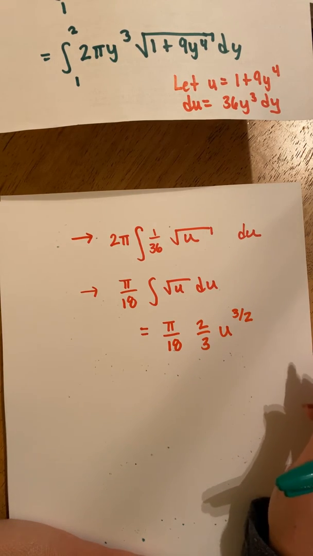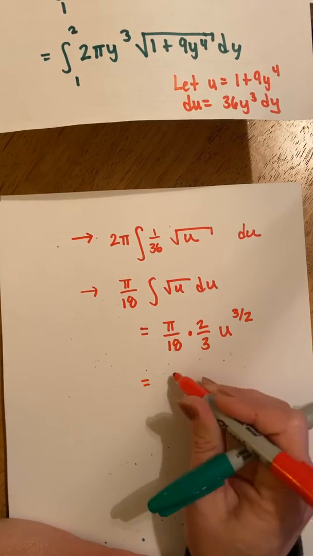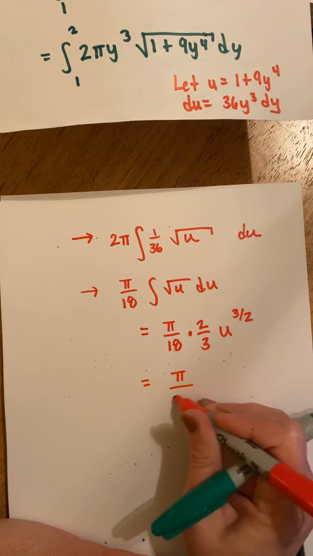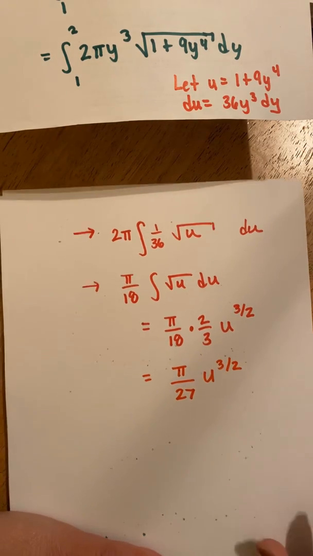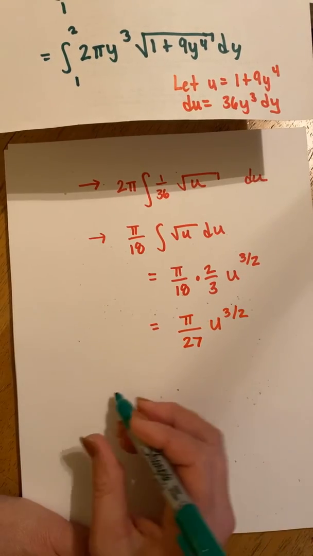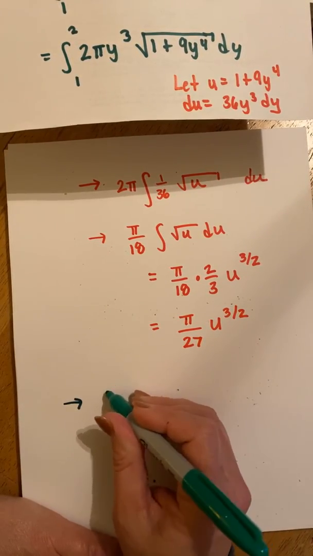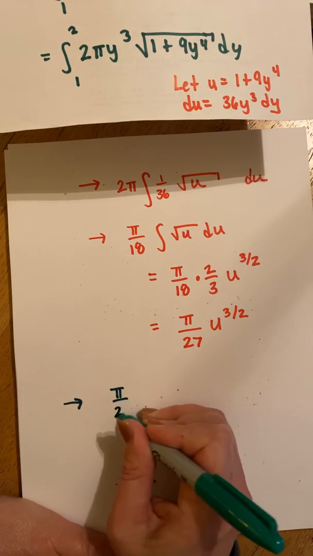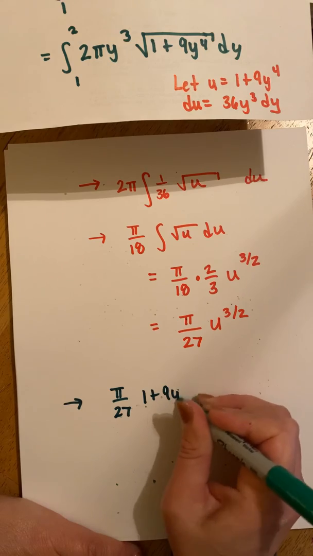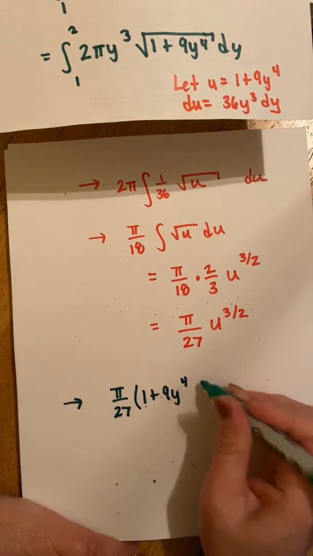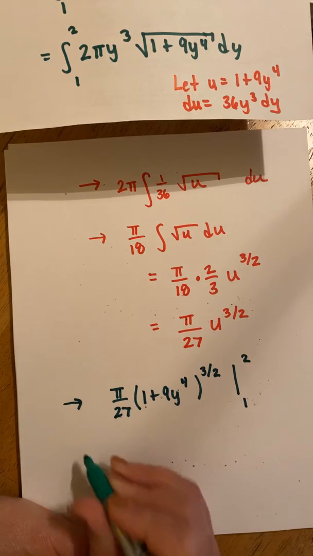That's going to be pi over 27 u to the 3/2. So now let's return back to our original units. It's going to be pi over 27, 1 plus 9y to the 4th, all to the 3/2. We're going to integrate that from 1 to 2.